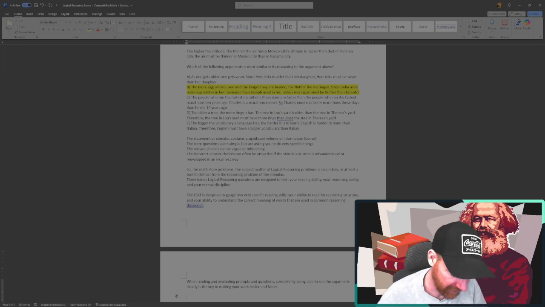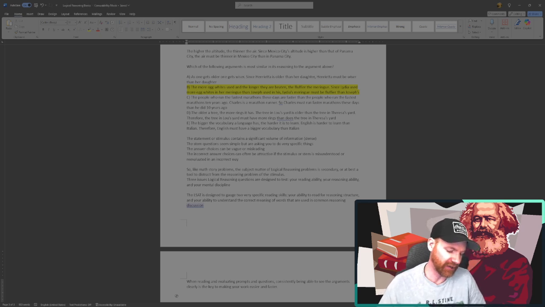And we do have something in the sidebar here. The LSAT is designed to gauge two specific reading skills: your ability to read for reasoning structure and your ability to understand the correct meaning of a few commonly used words. Both of those are very important.